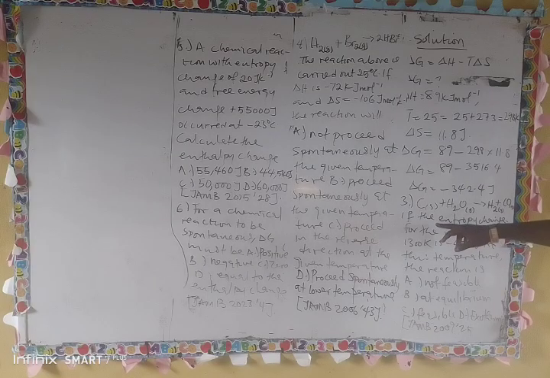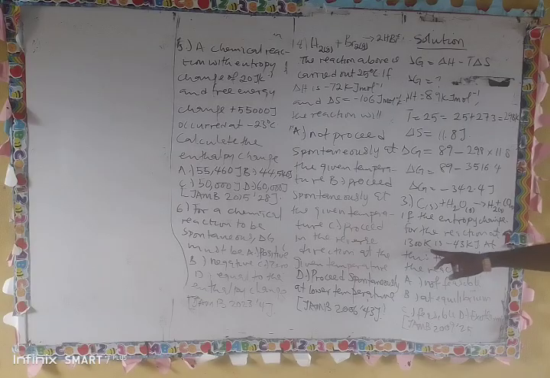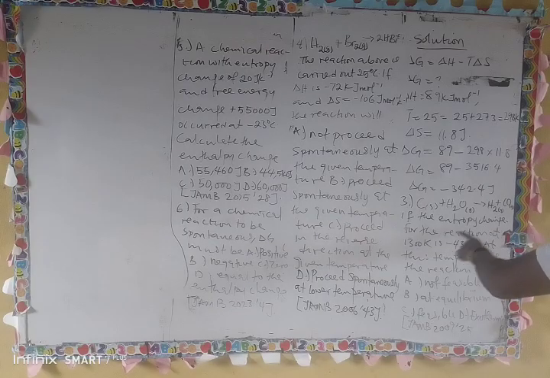If the free energy change for the reaction at 1300 is minus 43, when it is negative, what does it mean? The reaction occurs spontaneously. Okay, if the change for the reaction at this temperature is this, the reaction is what?